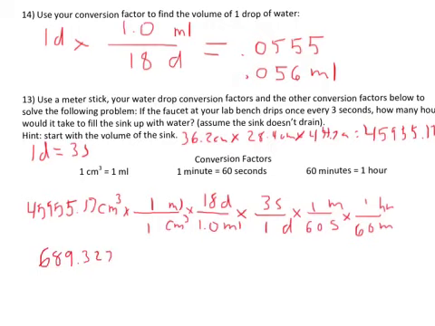But I'm going to limit myself to 3 significant figures here. So I get to keep these 3. That one is less than 5, so I'm going to record my answer as 689 hours.